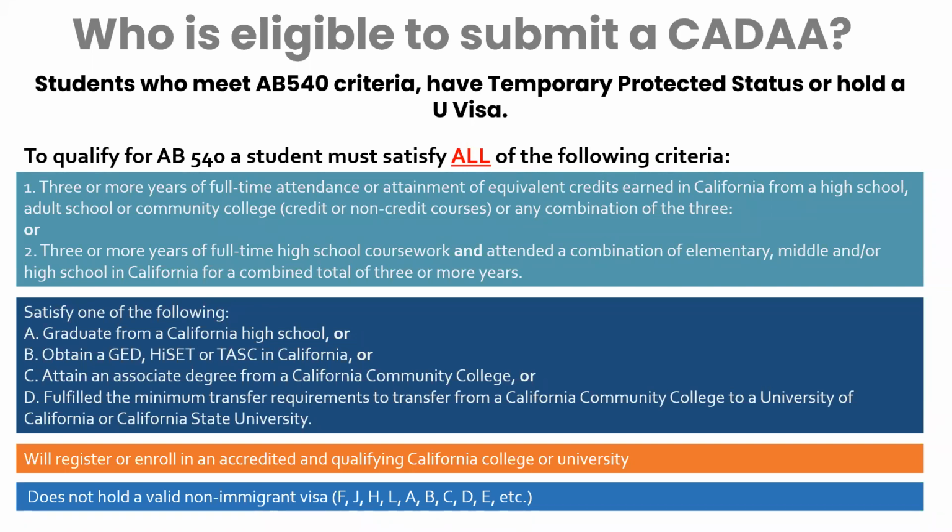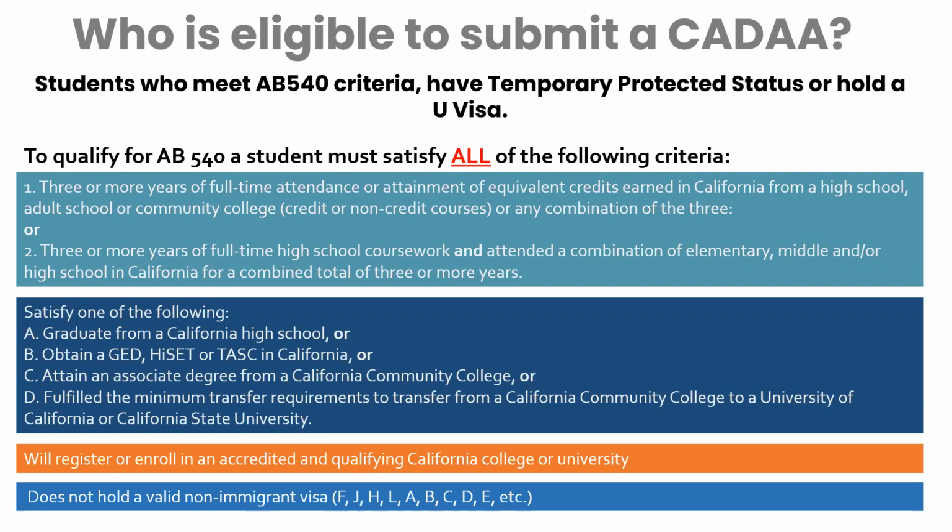In addition, they have to either graduate from a California high school, get a GED or HiSET, or get an associate's degree from a California community college, or fulfill the minimum transfer requirements from a community college to transfer to either our University of California schools or our Cal State universities.